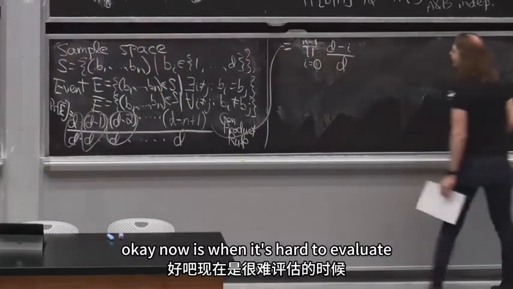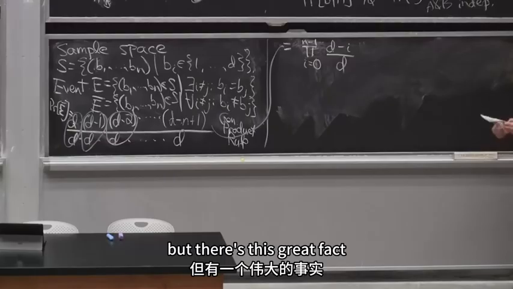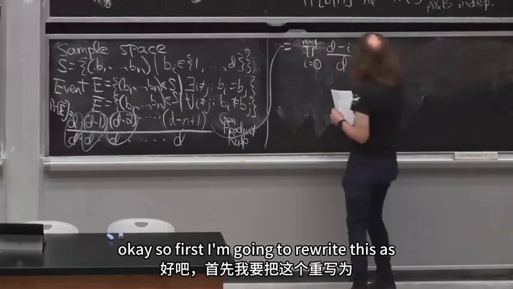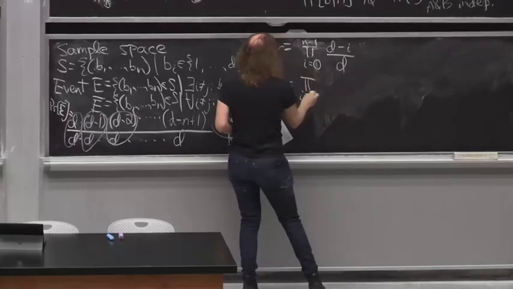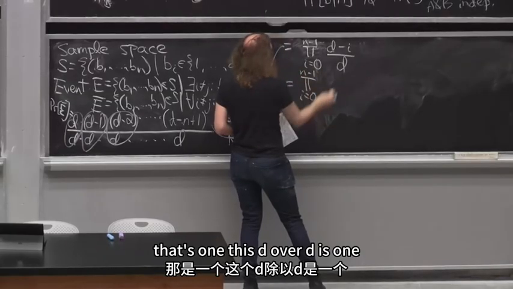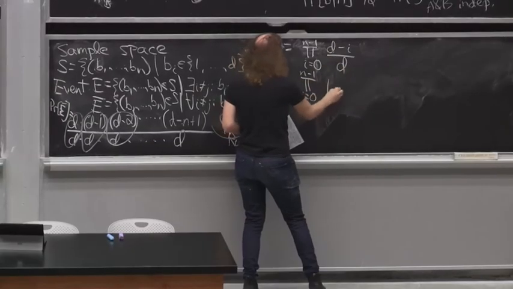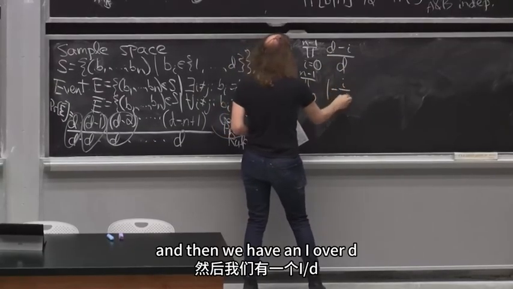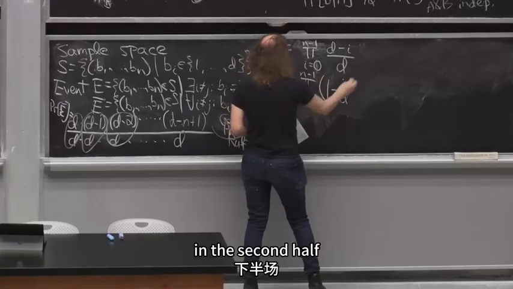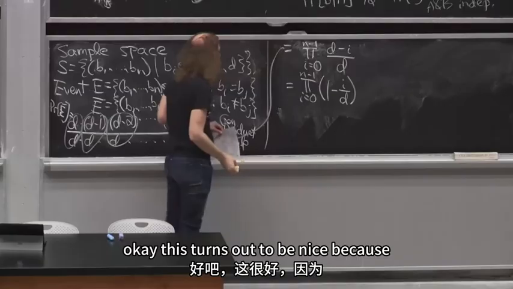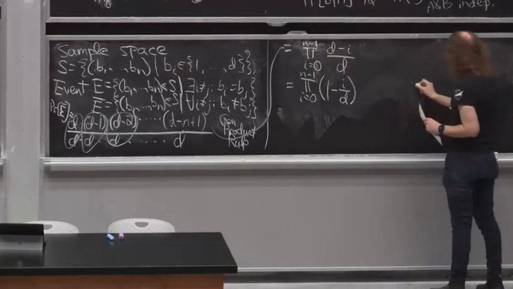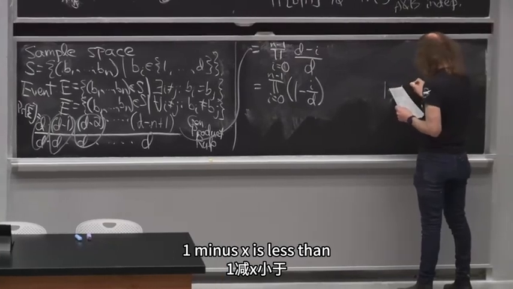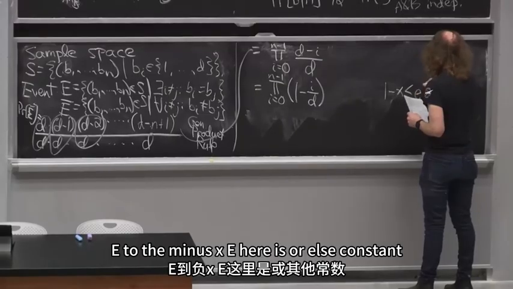Now is when it's hard to evaluate, but there's this great fact. First I'm going to rewrite this as the product of 1 minus i over d, since d over d is 1. This turns out to be nice because 1 minus x is less than e to the minus x.